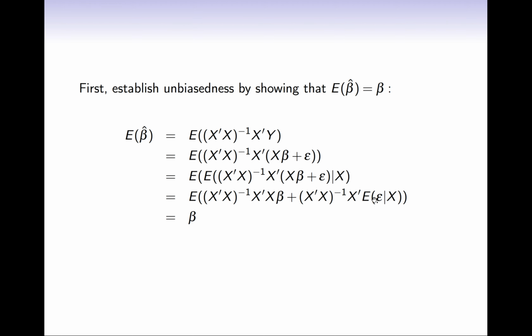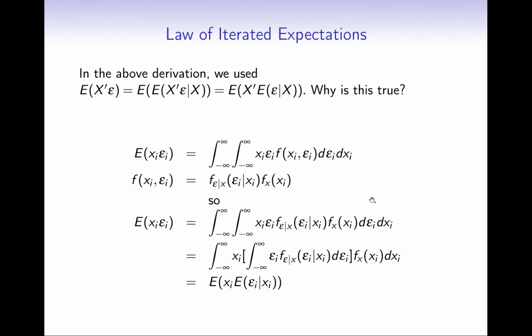Okay, let's look a little more closely at the law of iterated expectations and how it works. In the above derivation, we used this. We said this is the expectation over x and epsilon, and we're going to break it down into the expectation over x and the expectation over epsilon given x. Why is this true?